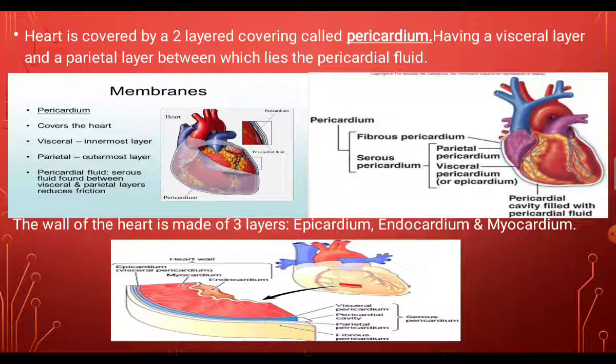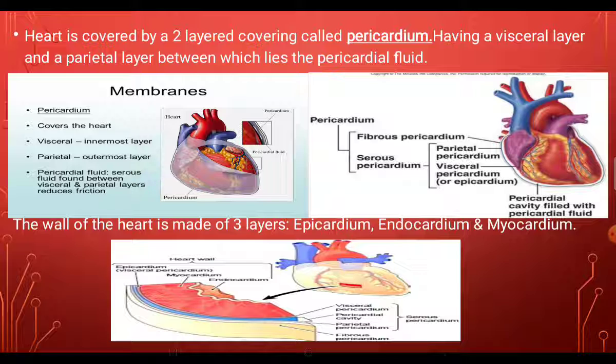The outermost layer of the pericardium is called the parietal layer and the innermost, which is very adjacent to the heart muscle, is the visceral layer of the pericardium. Between the visceral and parietal layers there is a space where the pericardial fluid is present. It is a serous fluid which avoids friction when the heart is pumping and moving continuously.